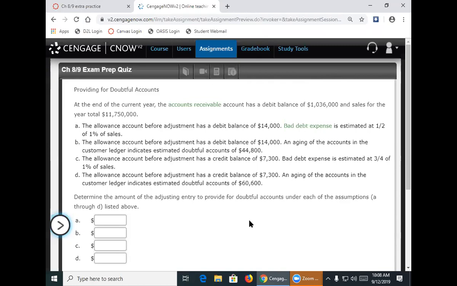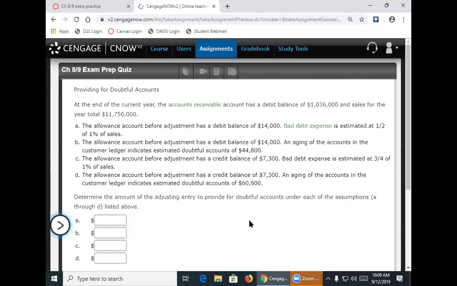And that won't be on the test? No. On the other one, the aging of accounts, that's new. On B, when it says the allowance account before adjustment has a debit balance of 14,000, and they tell you what the estimated doubtful accounts is, you would want to know how to do that on the test.